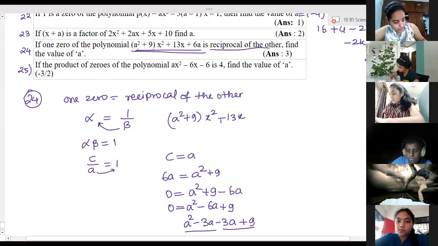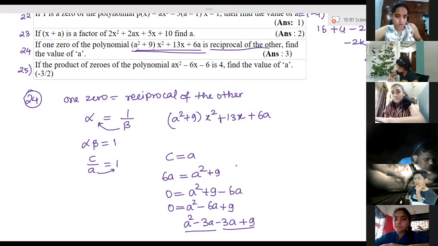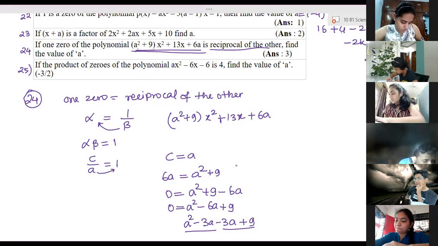A is a square plus 9. B is 13. And C is 6a. That is why I substituted. Okay, fine. Oh, okay, understood.